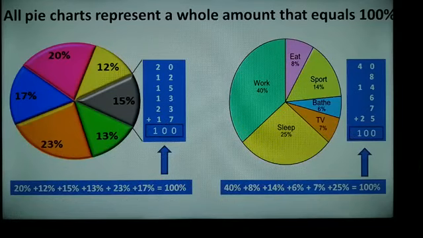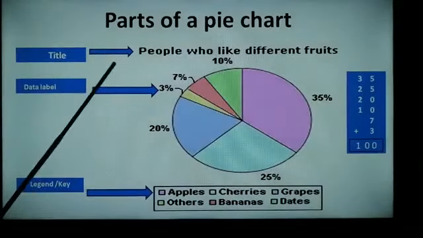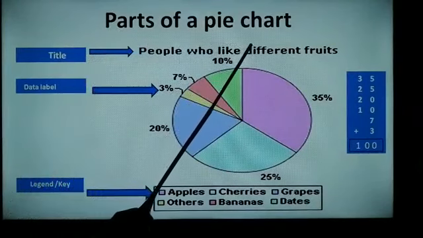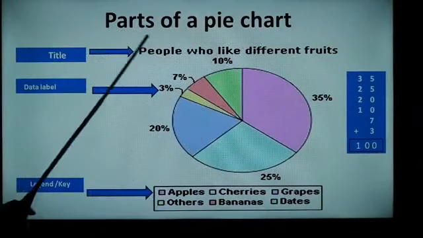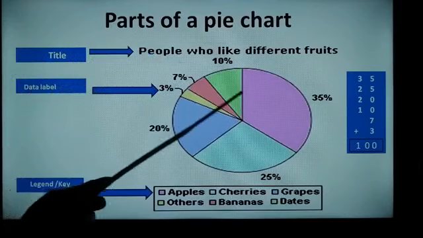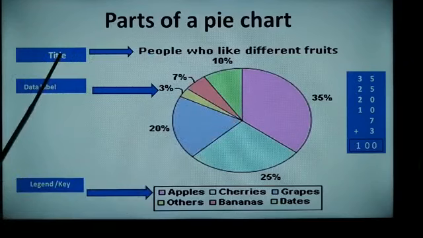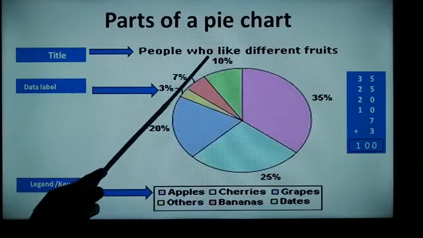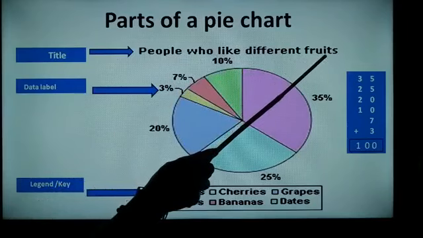Now, what are the parts of a pie chart? For a pie chart, there are some parts. The first one, title. For this pie chart, the title is given here: people who like different fruits.